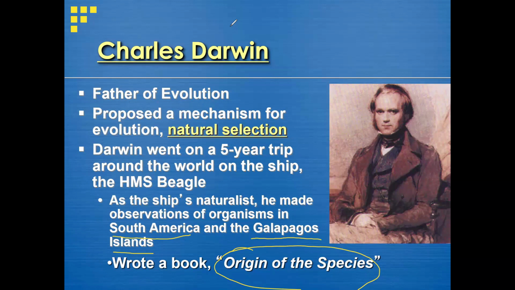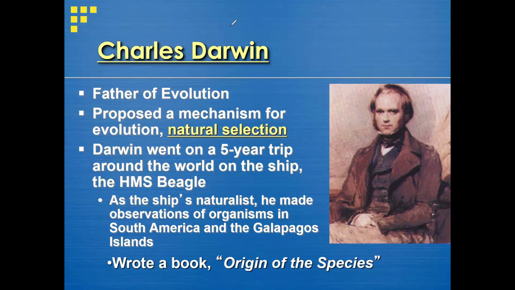And this mechanism is called natural selection. For him to come up with this mechanism, as well as the theory of evolution, he made a trip of 5 years where he was able to make observations in South America and the Galapagos Islands.